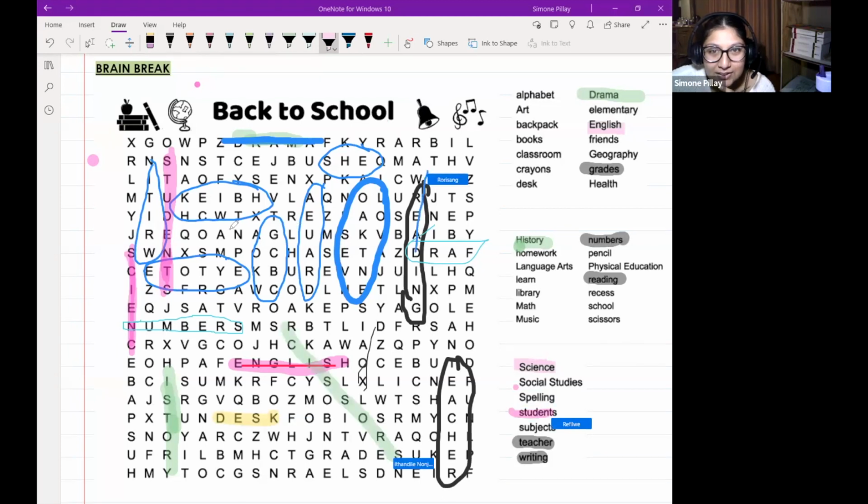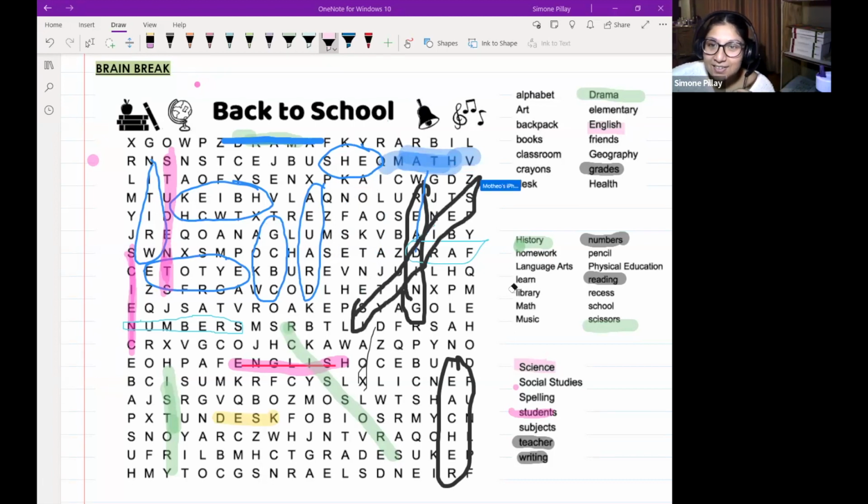What is this word in the middle? ENTKAO. That's not a word, so I'm erasing that. Maths. I think Nkuli found math. That's great. Studies. I saw somebody wrote studies. That's why it's easier, guys. Just use the highlighter.